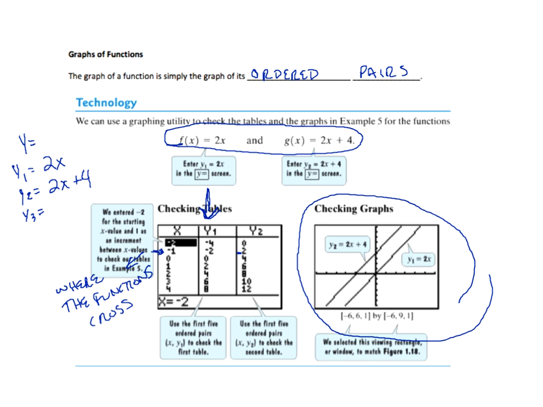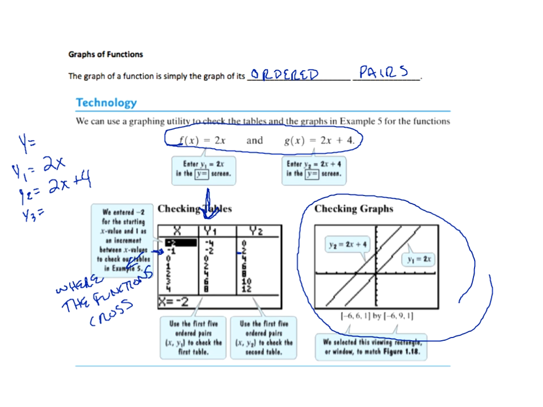They have that same point in common. So if I've got two lines and they have one point in common, so I'm talking about where they're crossing each other, then that's going to be the same point. They're going to have the same x value and the same y value. So you may be asked some questions in your homework about stuff like that. Where do these two functions cross each other?